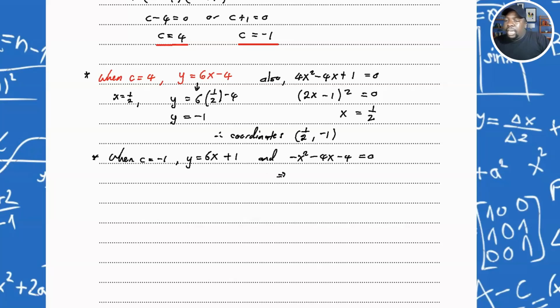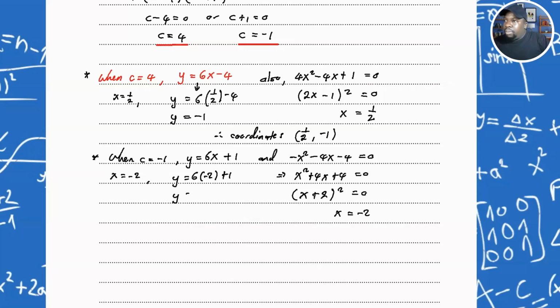Dividing each term by minus 1, we will be having x squared plus 4x plus 4 equal to 0, which again can be factorized. It's a perfect square. It's x plus 2 squared equal to 0, and we can solve for x to get x coming out as minus 2. And when x is minus 2, y will be 6 of minus 2 plus 1, which is minus 12 plus 1.